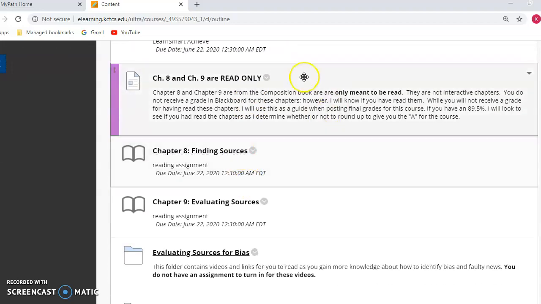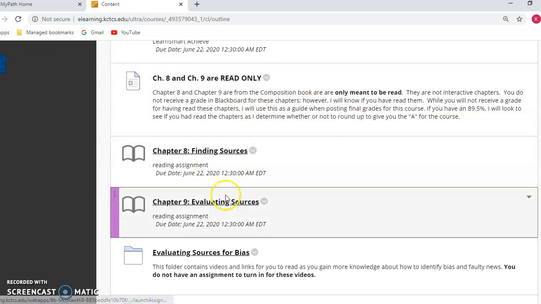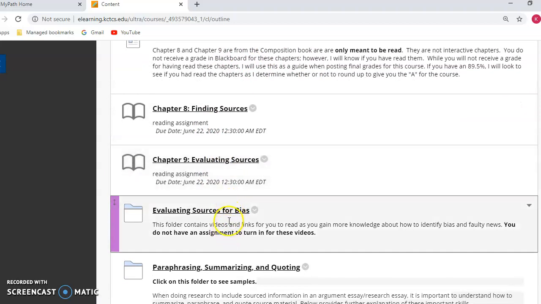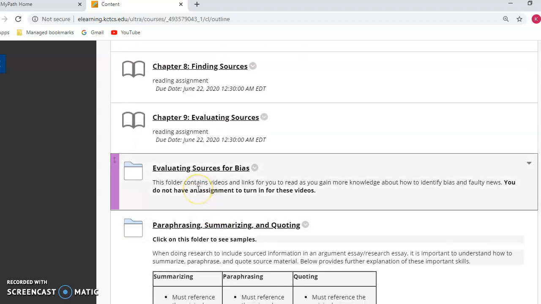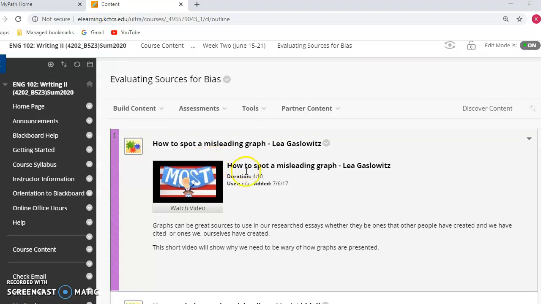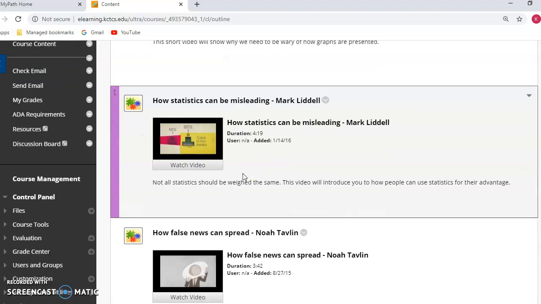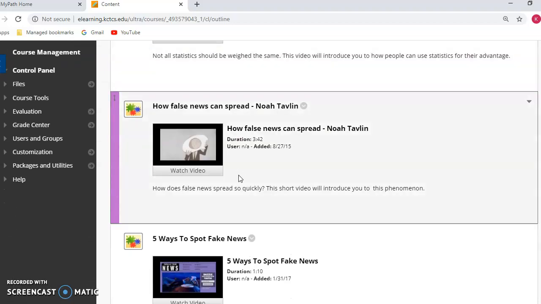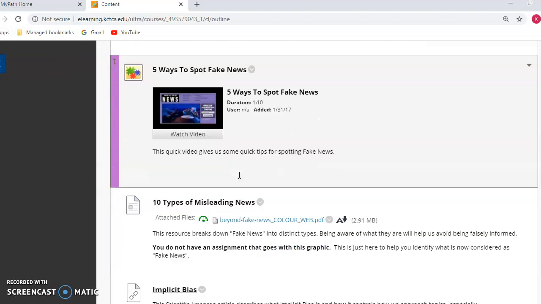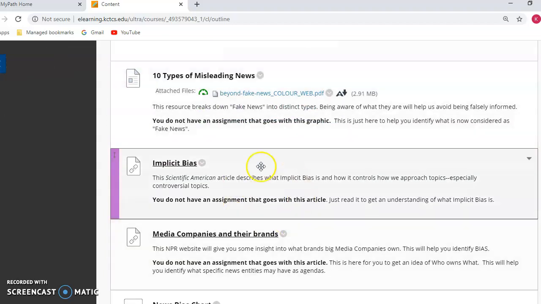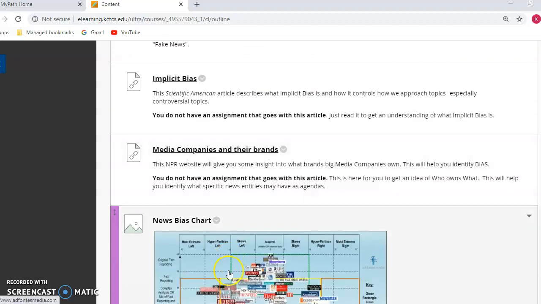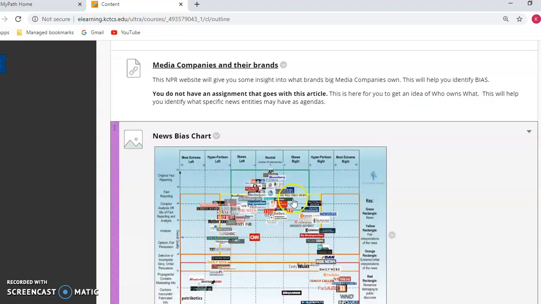You'll go through, okay, and I explain here about how these 2 chapters are read-only. In this folder, if you were in a regular class and we were meeting face-to-face, or even if it were a regular 16-week class, I would have you actually do assignments that go along with these videos, but we really do not have time to do that. So I am counting on you to go through here and watch these short videos, and also look at some of these links, especially the news media bias chart, because that is super important, especially right now.